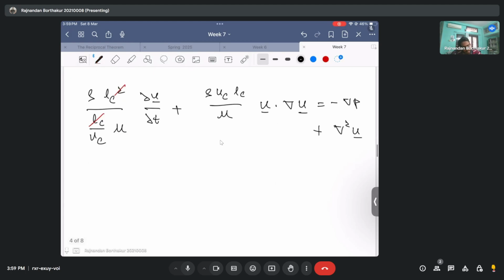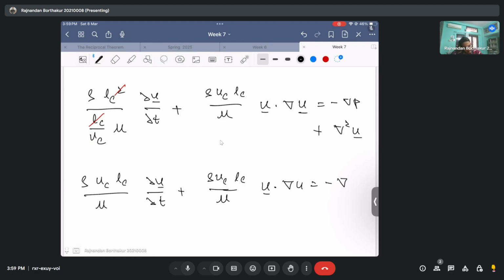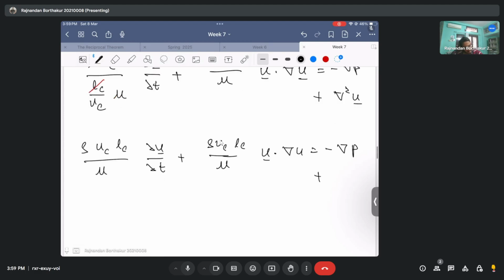So basically I have rho UC LC by mu, and this is del U bar by del T, plus rho UC LC by mu, U dot grad U, and then the same terms on the right hand side.